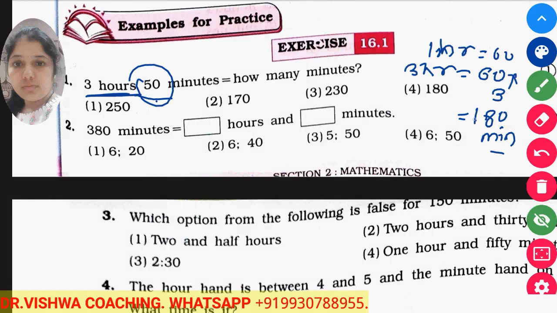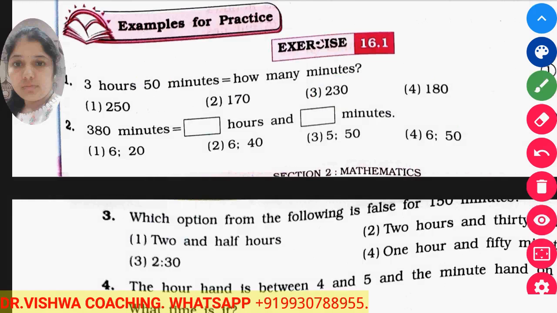So add these 50 minutes to this 180 minutes. So 18 plus 5 becomes 23, so 230 minutes, and 0 as it is. Okay. So 3 hours 50 minutes is equal to 230 minutes. Option number 3.